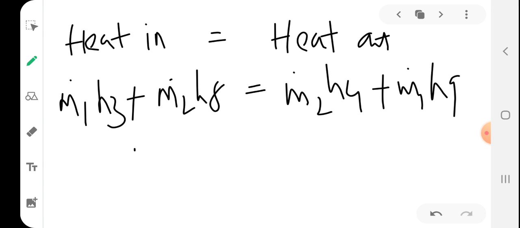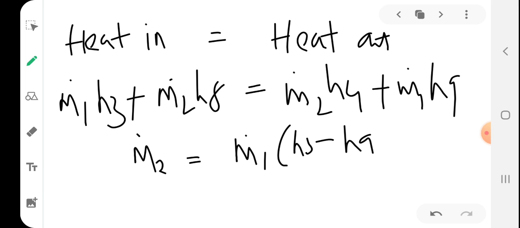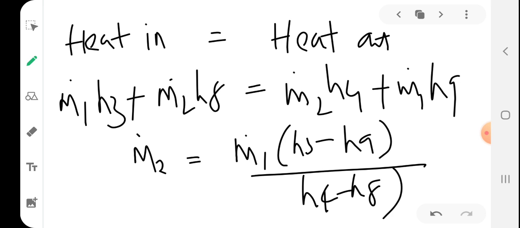And from this you can write m2 dot is equal to m1 dot times (h3 minus h9) by (h4 minus h8), right?